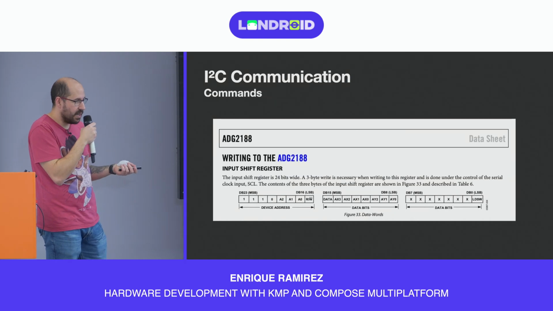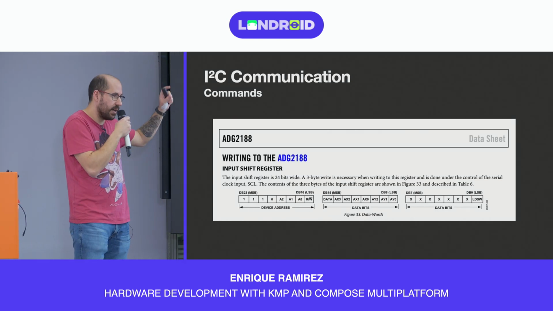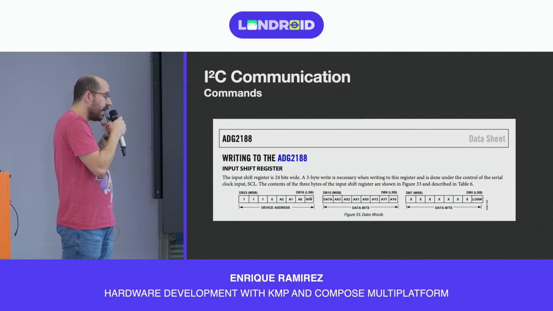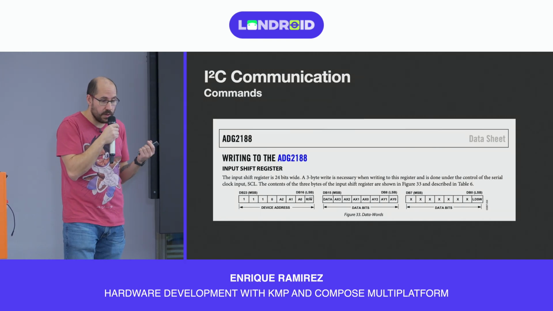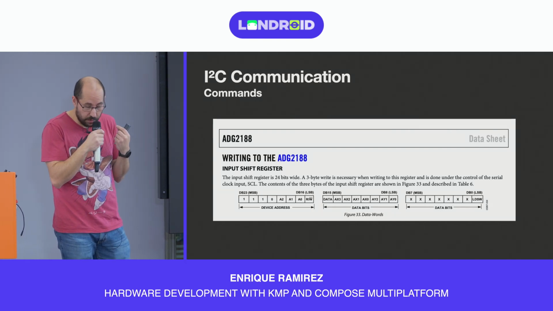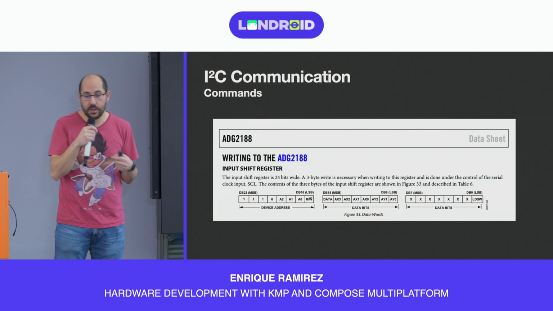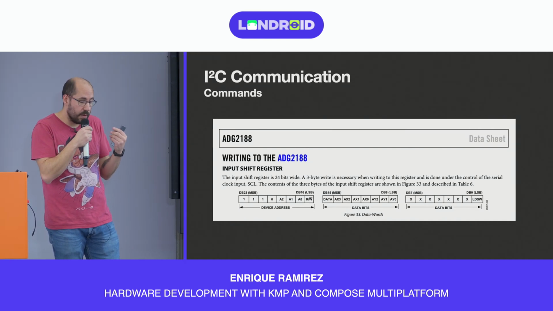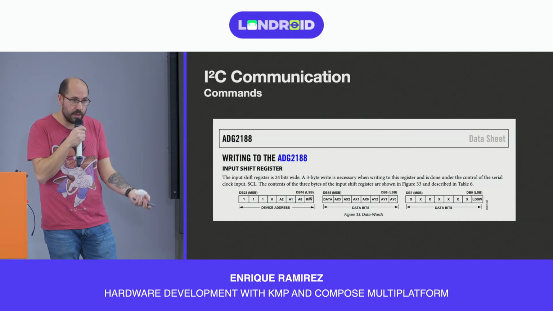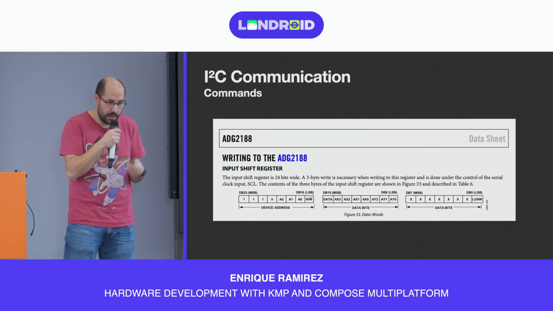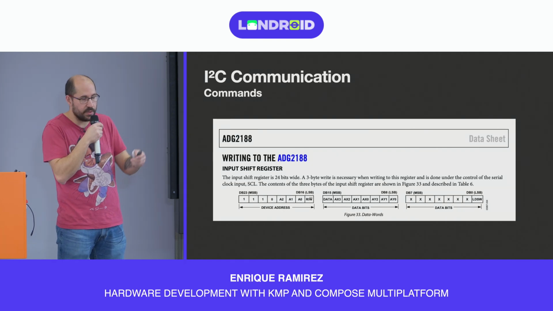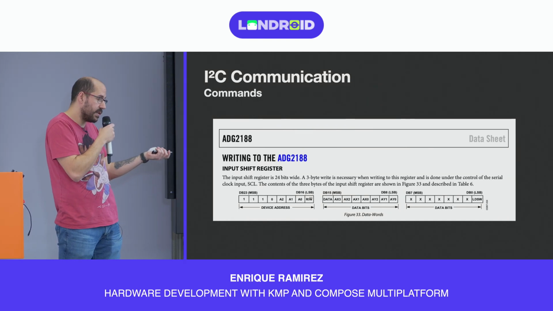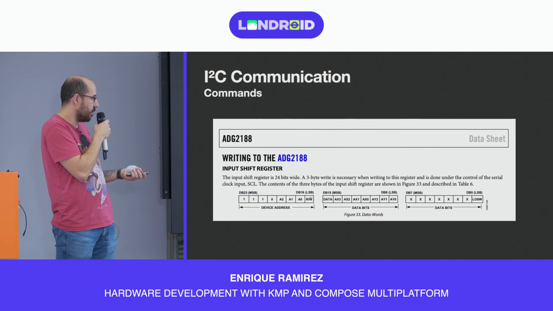And we have a look at the data sheet again, and it tells us how we need to construct our messages to be able to tell the switcher what we want it to do, like how to rearrange the pedals, the inputs and the outputs. There is this device address byte that we need to create.